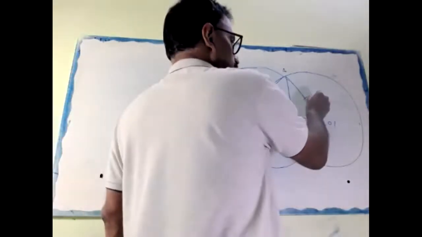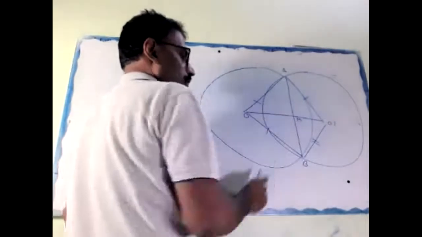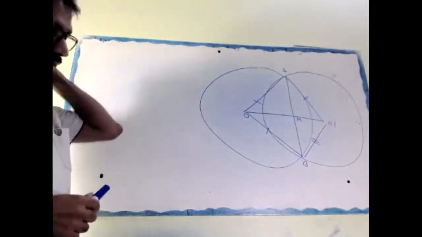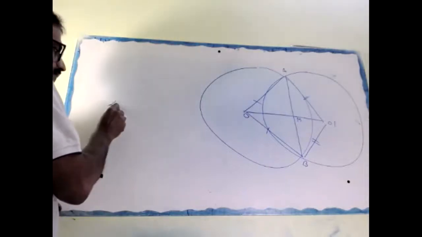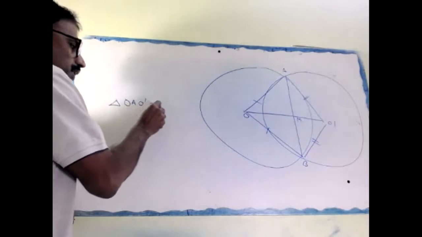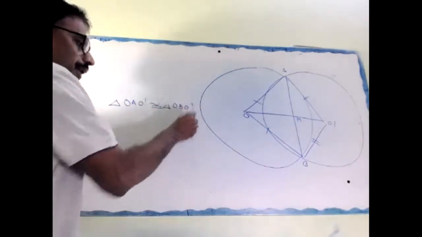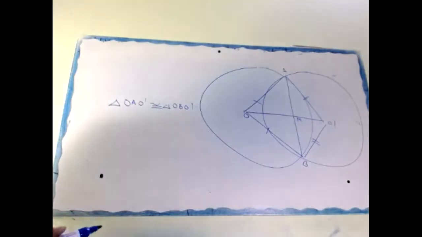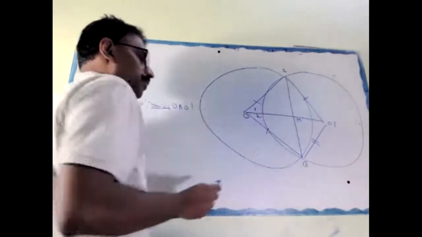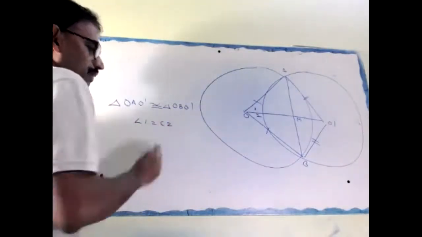O dash A equal to O dash B. O O dash is common. Therefore, triangle OA O dash is congruent to triangle OB O dash by SSS congruency. Hence, angle 1 equal to angle 2, CPCT.